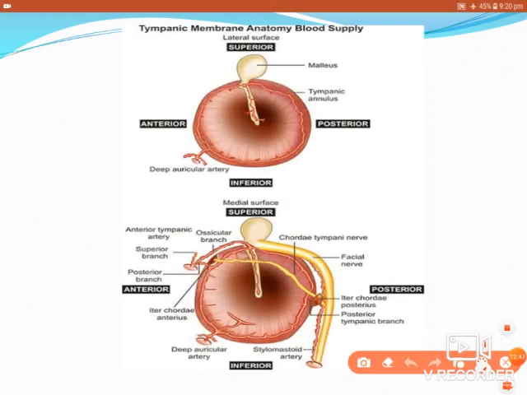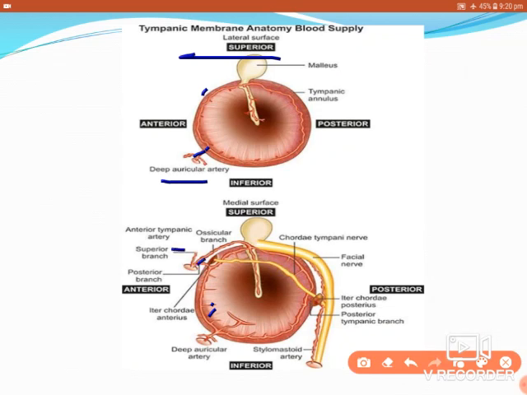Here comes the blood supply. The lateral surface of the tympanic membrane is supplied by the deep auricular artery, which is a branch of the maxillary artery. The medial surface is supplied by the anterior and posterior tympanic arteries.